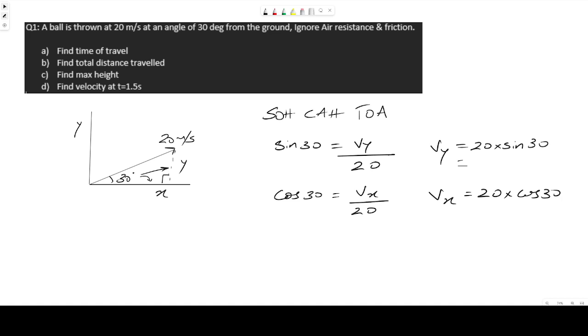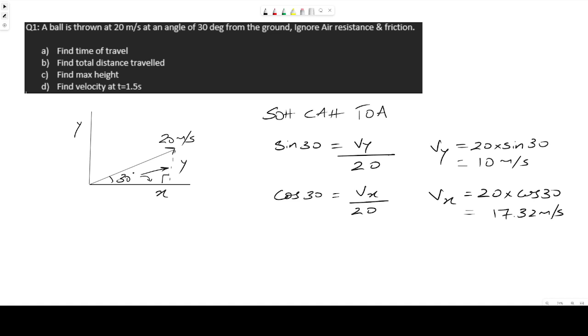Vy: sine of 30 is a half, so that's 10 meters per second. And 20 times cos of 30 is 17.32 meters per second. At the beginning of any projectile motion, I like to resolve the velocity into x and y, to find out as much information as I can.